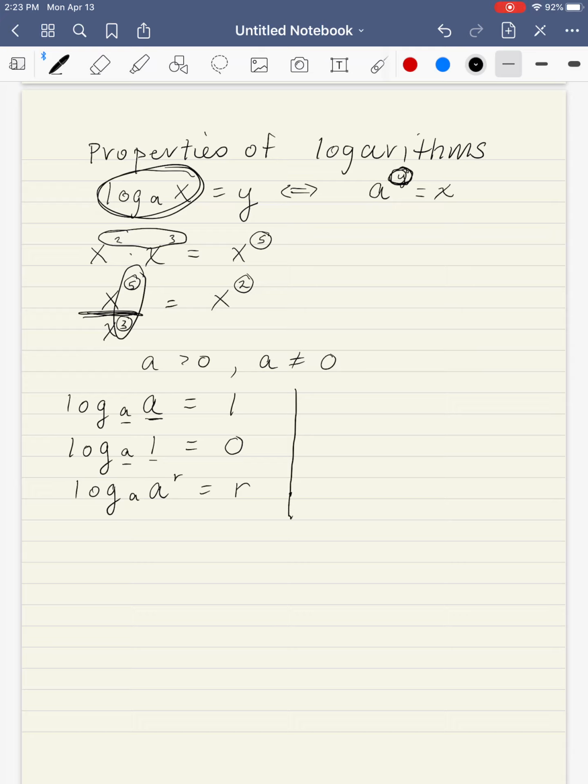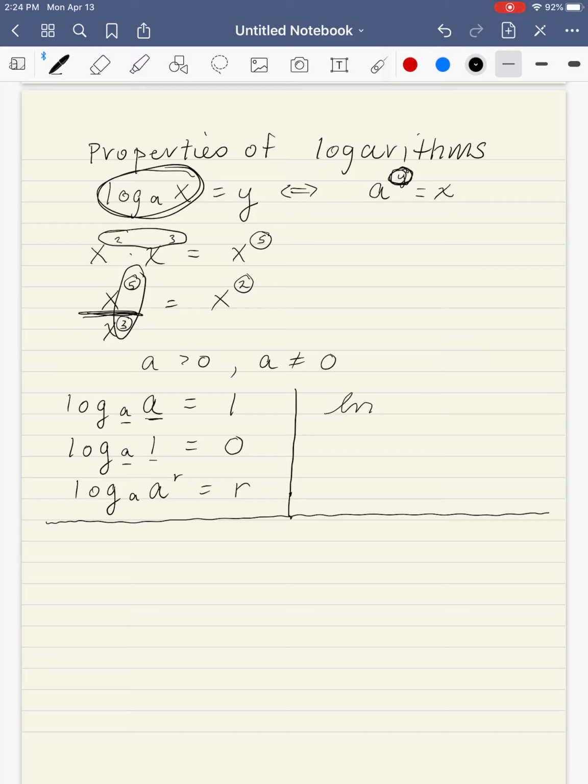I'm also going to write each of these rules for a specific logarithm. Here, we're just using our generic a. This could be the logarithm base 2 of 2 equals 1, or the logarithm base 7 of 7 equals 1, etc. But when we're solving logarithms and actually using logarithms, we're going to see that the natural logarithm is a very commonly used one.